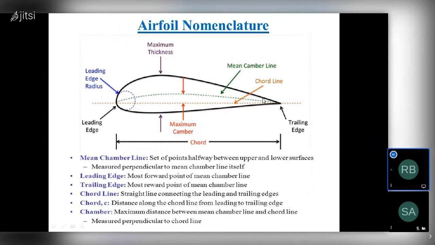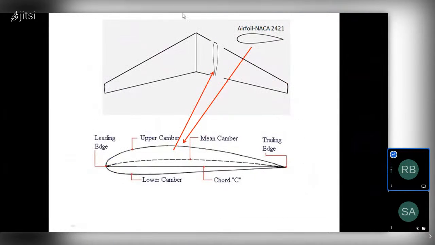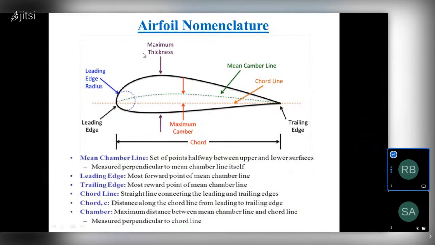Let's recap all these nomenclatures once, because what I'll be telling next is very important. Not only the 4-digit aerofoil, we also have 5-digit and 6-digit airfoils. So we'll move to that now.